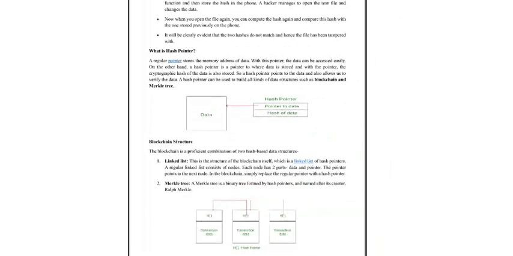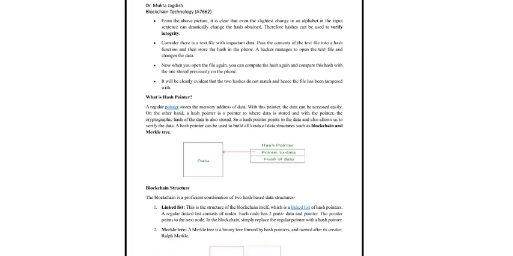From the above picture, it is clear that even the slightest change in a letter of the input sentence produces a completely different hash. Such small changes in the input become a big challenge for anyone tampering, and therefore the hash can be used to verify integrity.